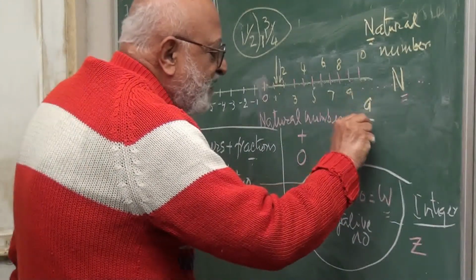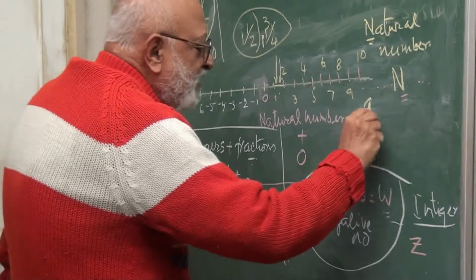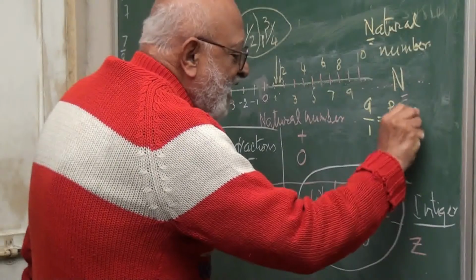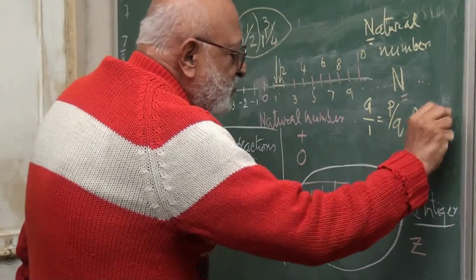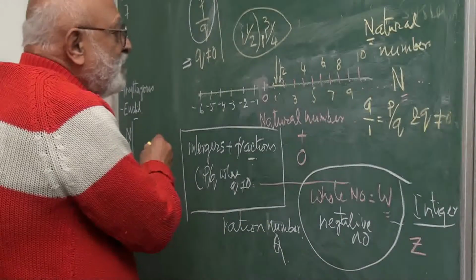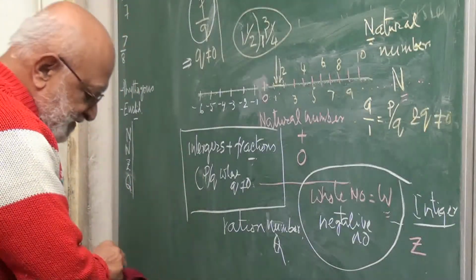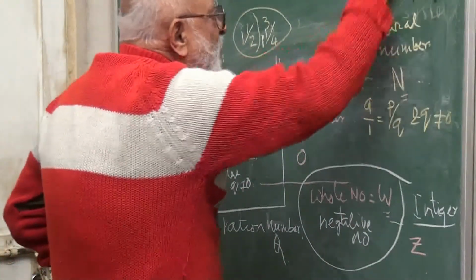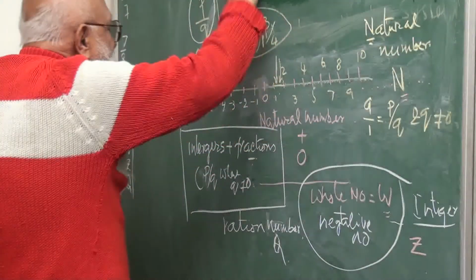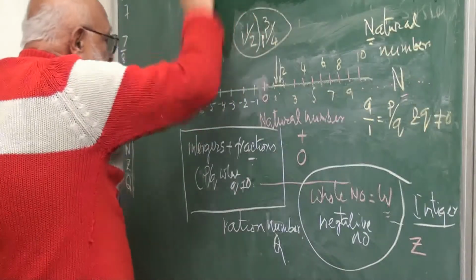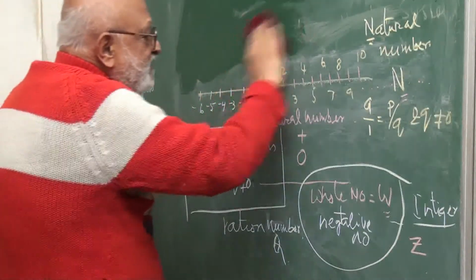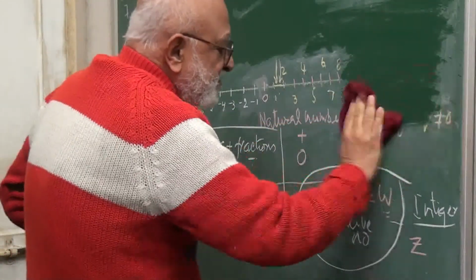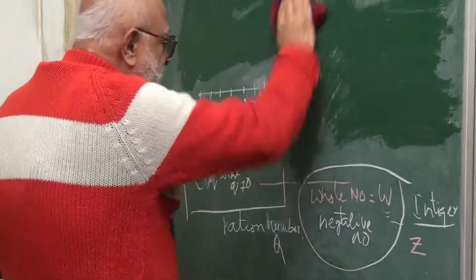I can always divide 9 by 1, so this is in the form p by q, where q is not equal to 0. Similarly on the negative side, I can do the same thing.